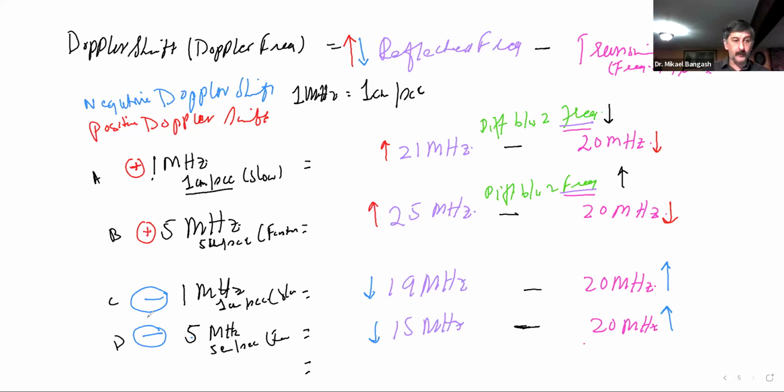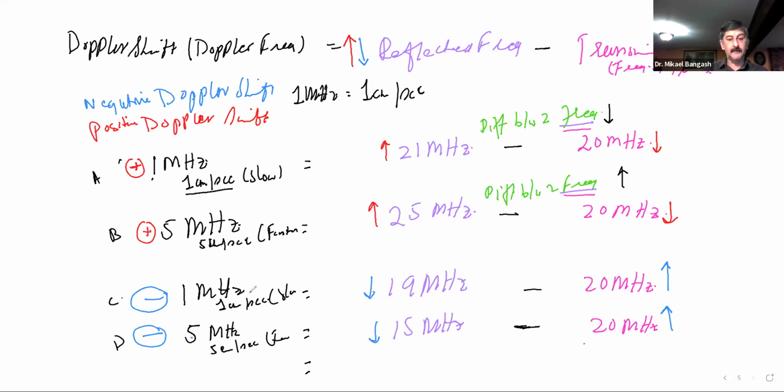Or, my dear guys, if we just compare the positive slow and the negative slow, as far as you look at the speed, it's the same. 1 centimeter per second, 1 centimeter per second.